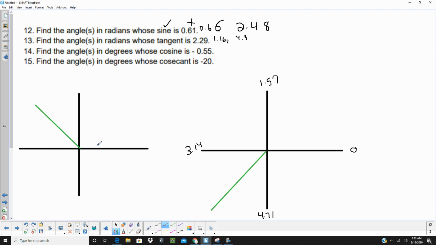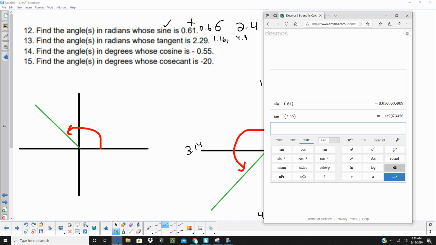So I need to be finding this angle and that angle. So I'm going to bring up my handy dandy scientific calculator and do the inverse cosine of negative 0.55. And I get 2.15.